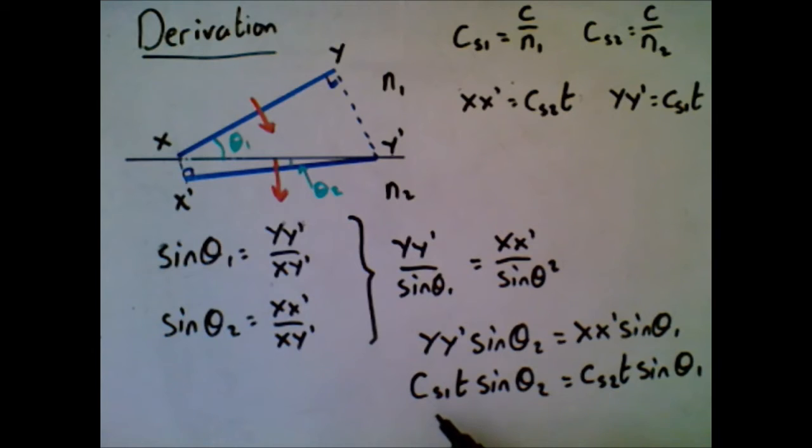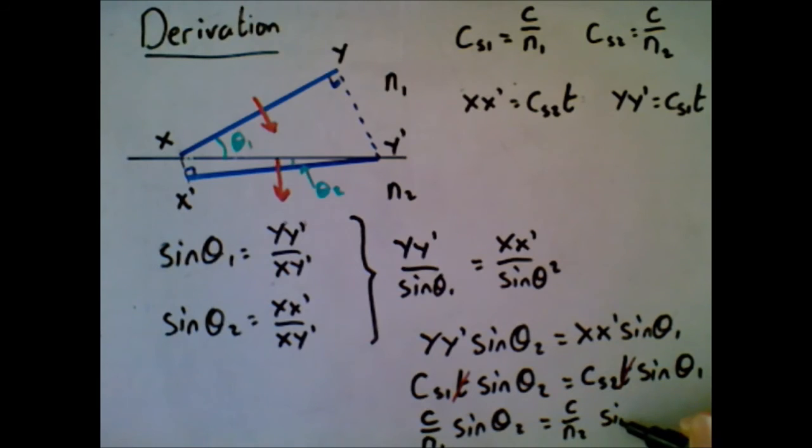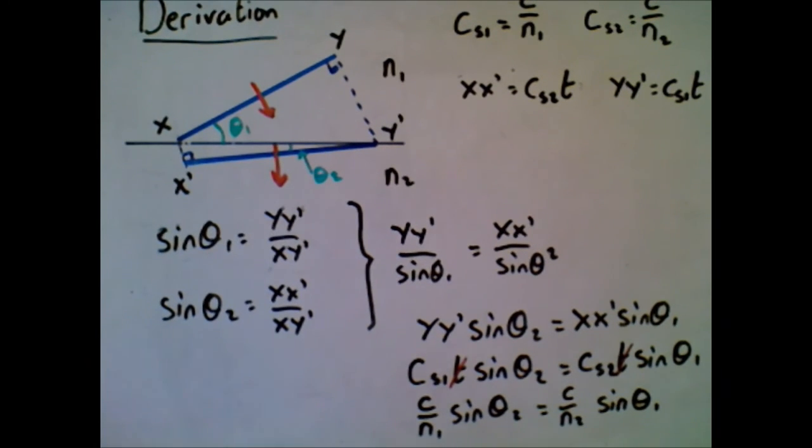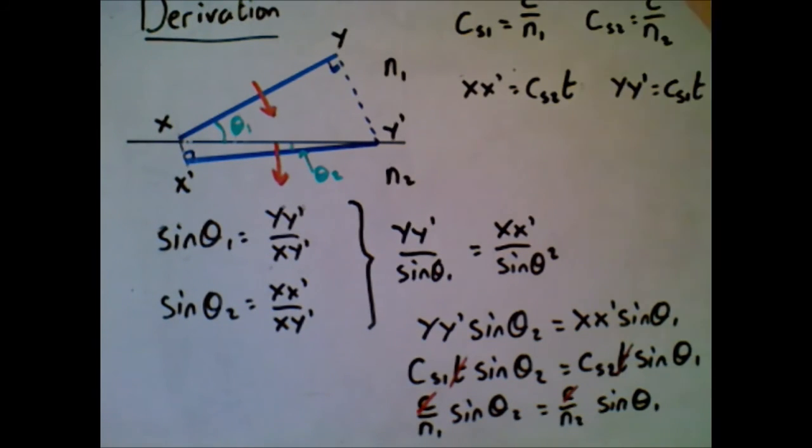Now, we can straight away cancel the t's from both sides. Now cs1 from up the top here, look, was c over n1, times sine θ2 equals cs2, c over n2, times sine θ1.